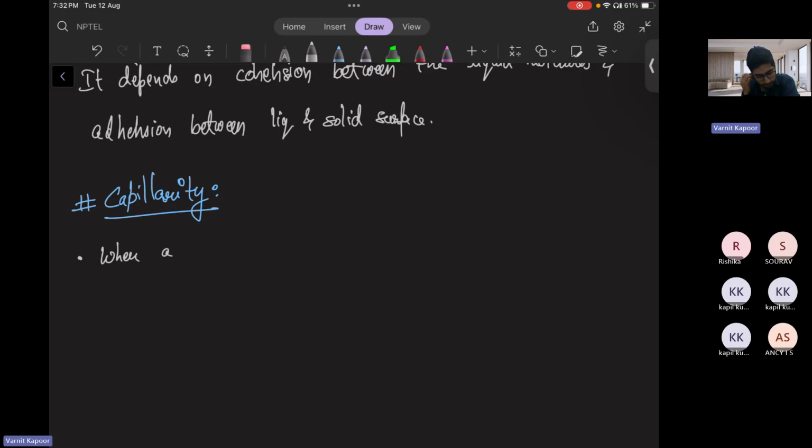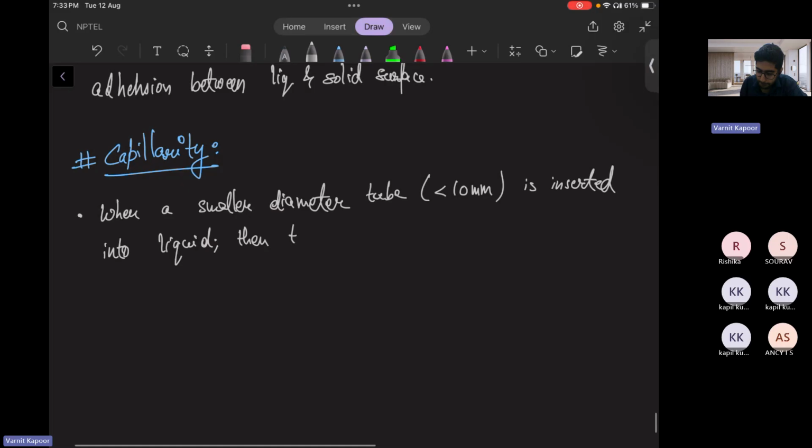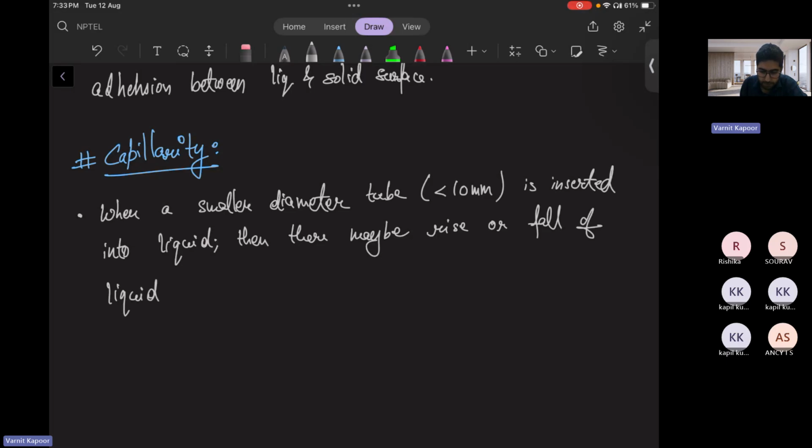When a smaller diameter tube of less than 10 mm is inserted into a liquid, then there may be a rise or fall of liquid with respect to the outer surface.